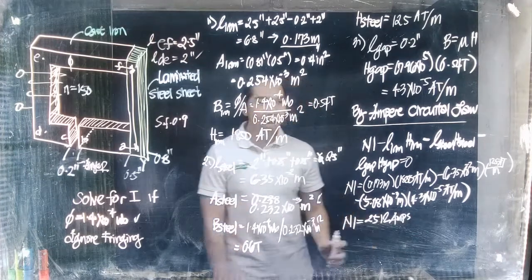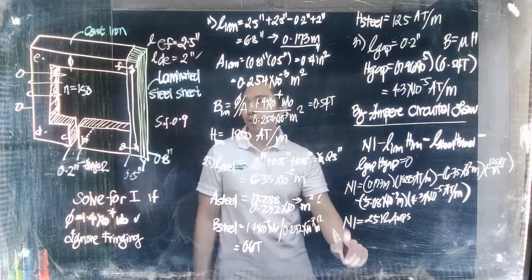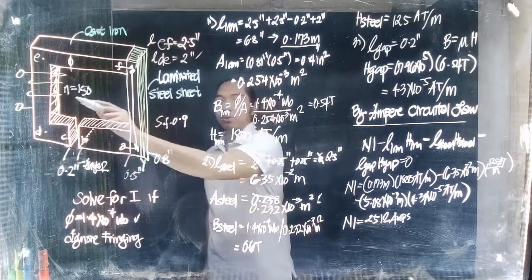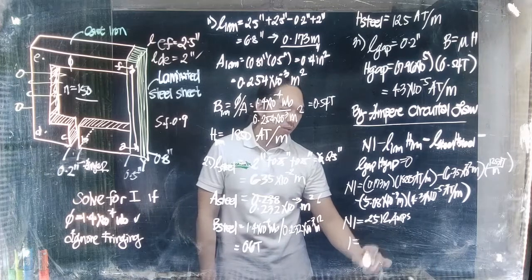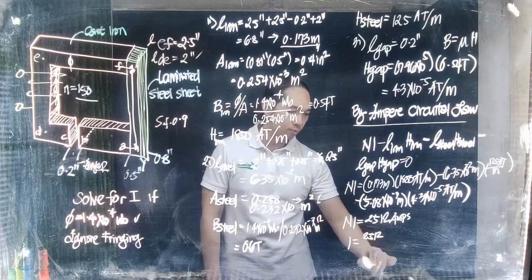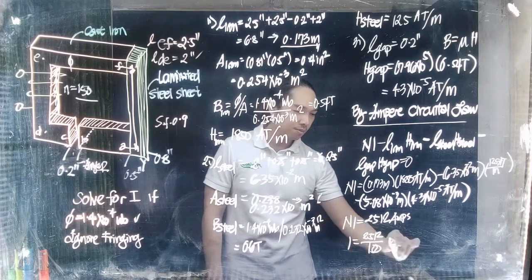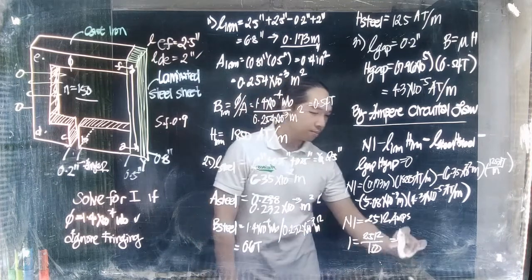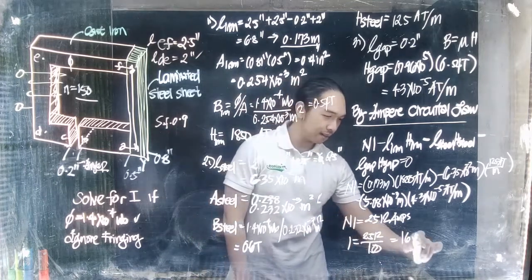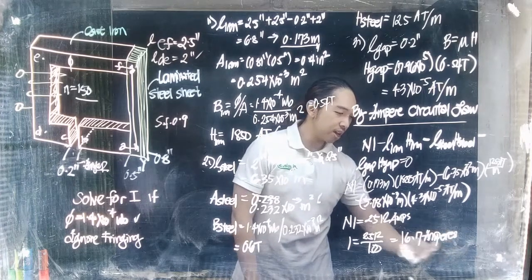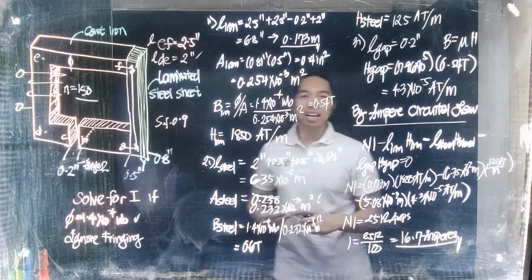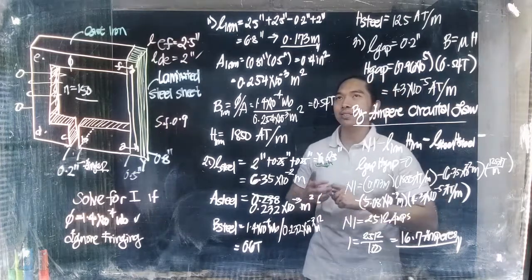Since kailangan natin siya i-divide sa number of turns, we have number of turns here equal to 150. So that I is equal to 2512 divided by 150. So the answer would be 16.7 amperes. And we have now obtained the current na kinakailangan natin dito sa ating circuit.